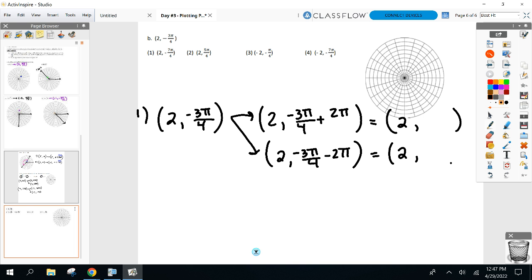So, all right, let's see. What do we end up with? That's negative 11 pi over 4 here. And over here, negative 11 pi over 4. And then here, multiply that by 4.